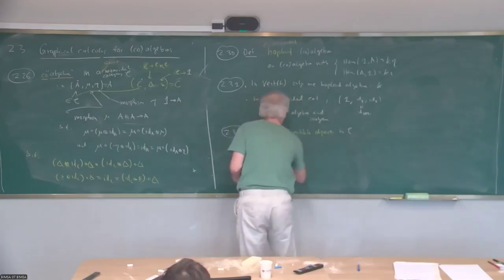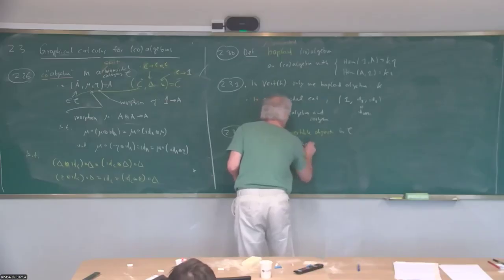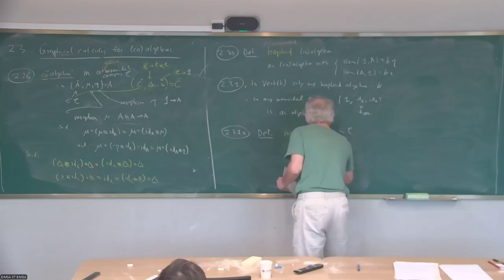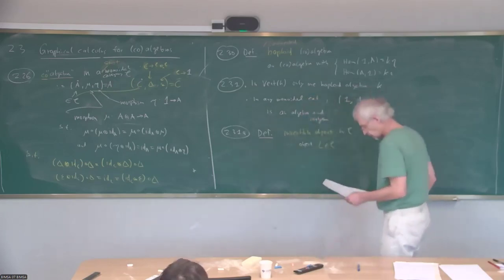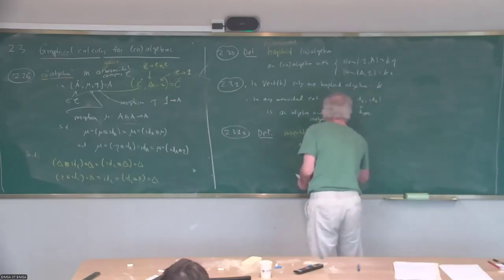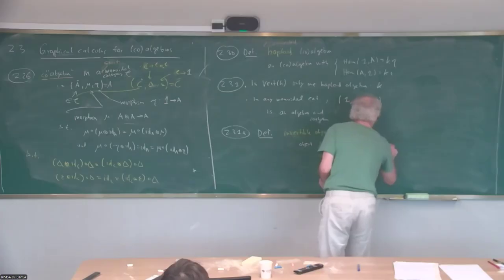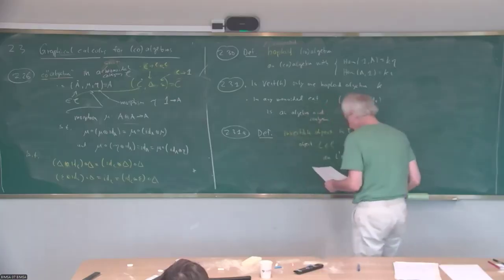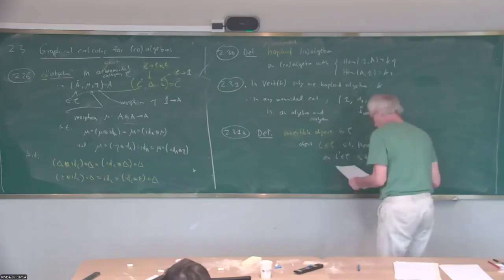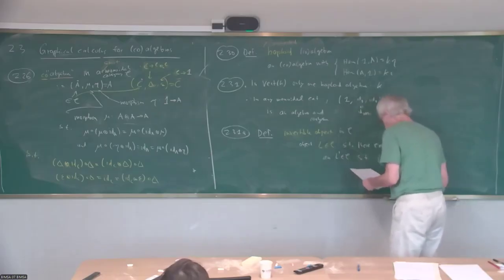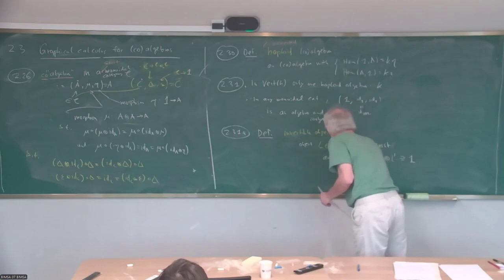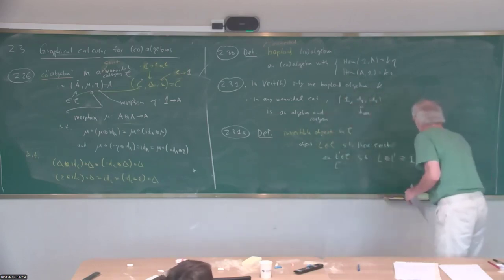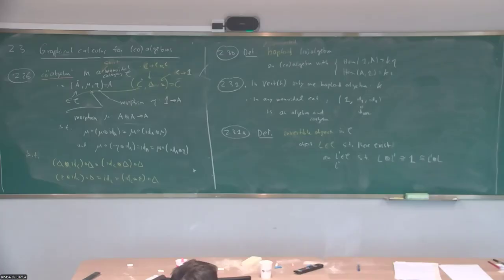An invertible object is an object, I will often call it L in C, such that there exists another object L prime in C, such that L tensor L prime is isomorphic to the tensor unit, and there exists an L double prime such that L double prime tensor L is isomorphic to 1.